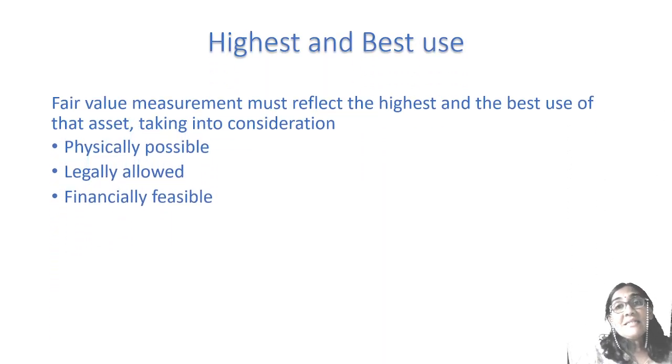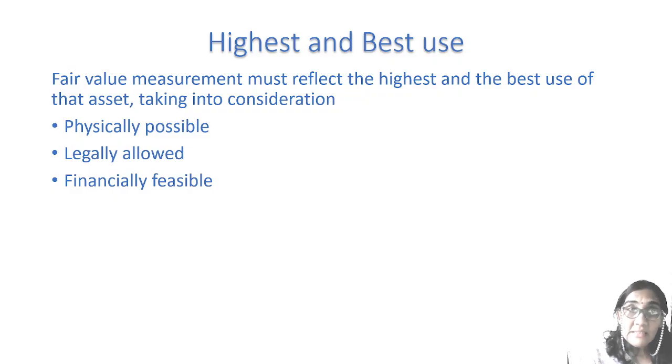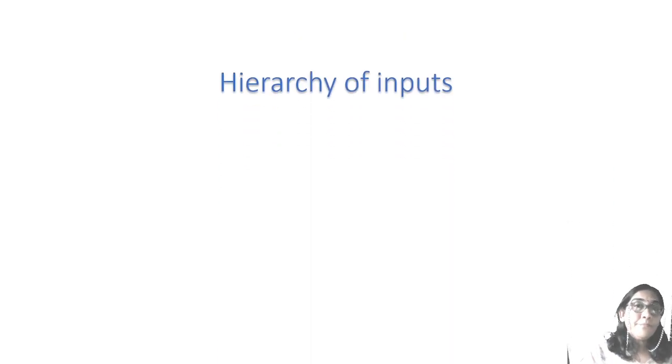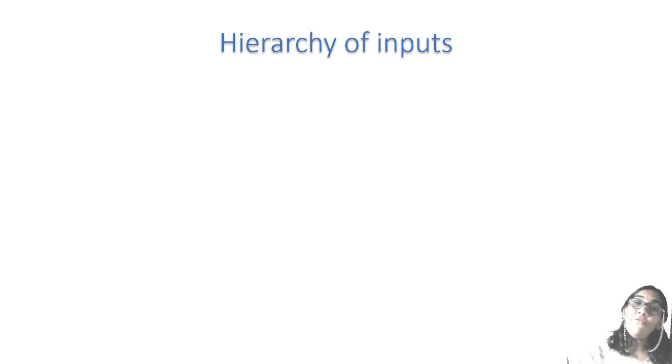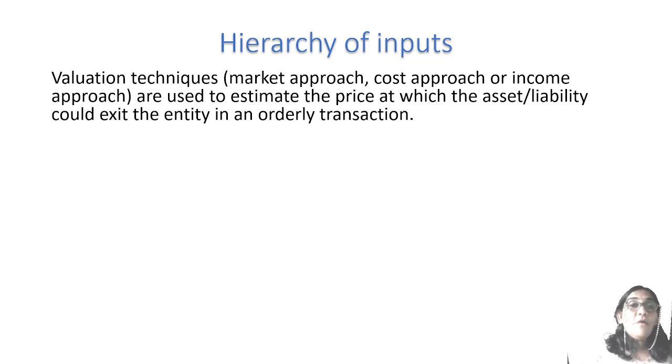Now, the highest and the best use, as I explained earlier, is the fair value measurement, which must reflect the highest and the best use of the asset, taking into consideration physical possibility, legally allowed, and financial feasibility. The hierarchy of inputs. Now, valuation techniques are used for valuing the items.